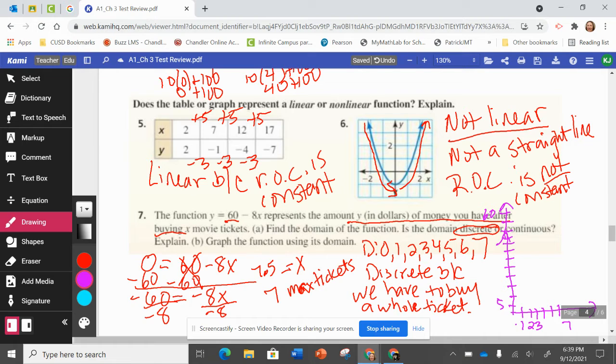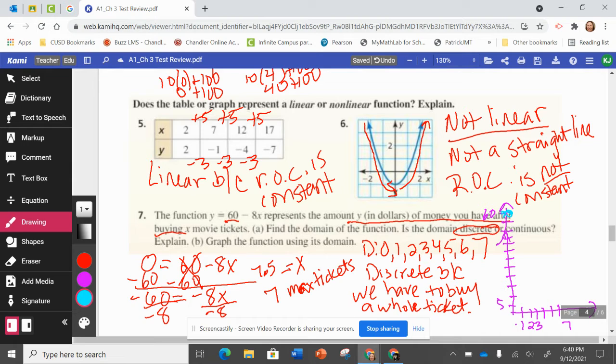And we know that we're up here starting at 60. And then our maximum amount that we would do is 7 tickets.